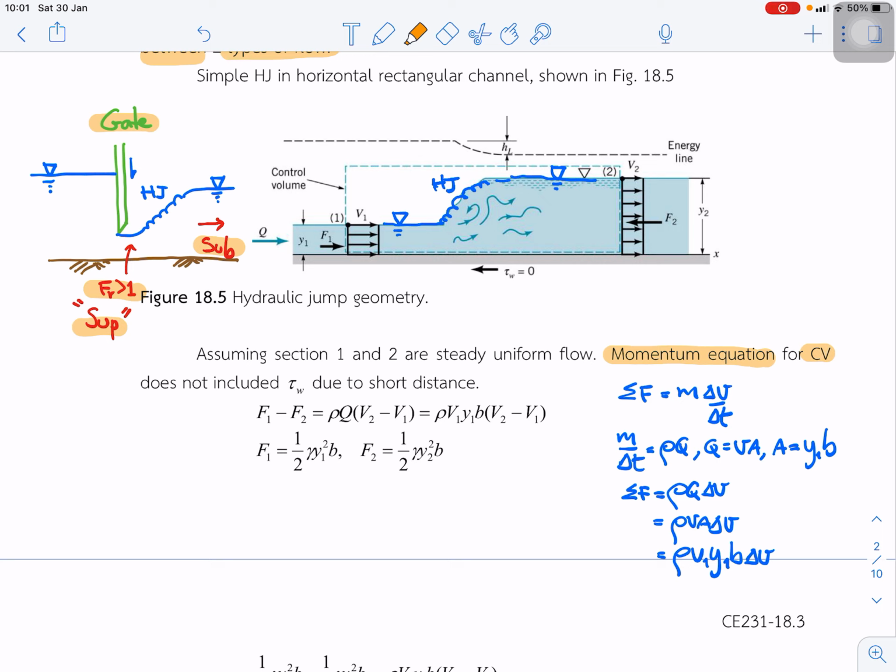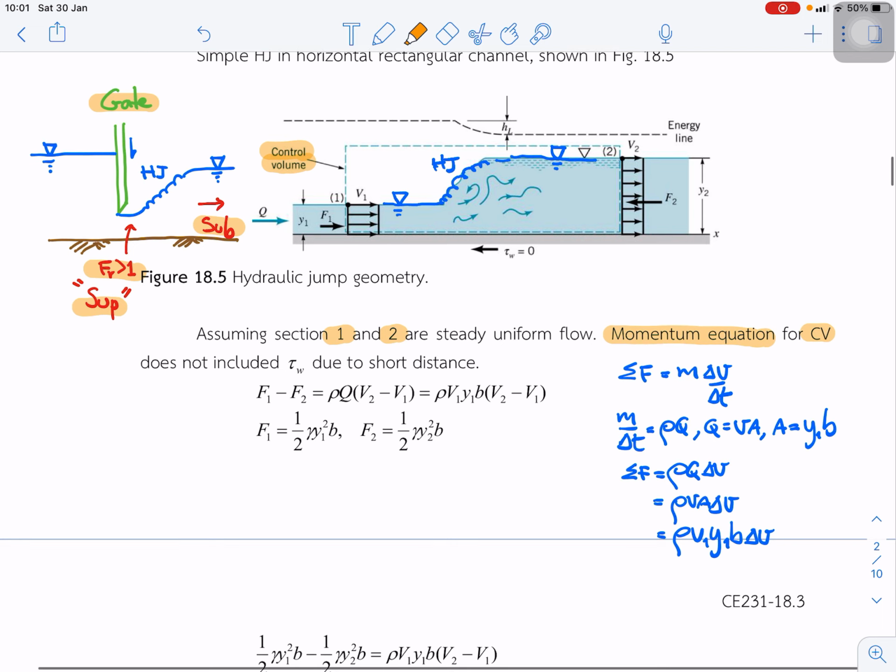Okay, so assume these two sections and draw the control volume and find the momentum at point 1 and point 2, a short distance apart. So that is the momentum: the summation of force equals rho V1 y1 times b and the difference of velocity. How to get this equation, I can show you how to derive it from the original summation of force equals the change of momentum.